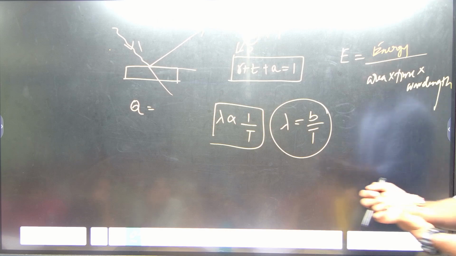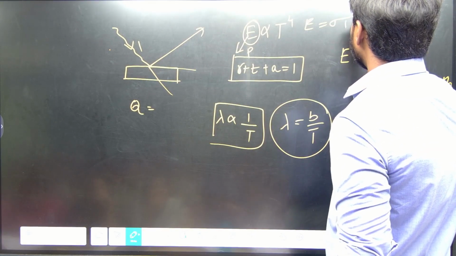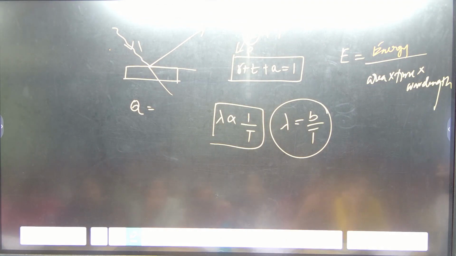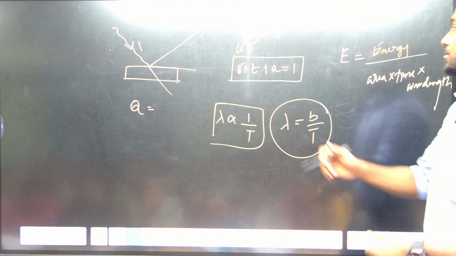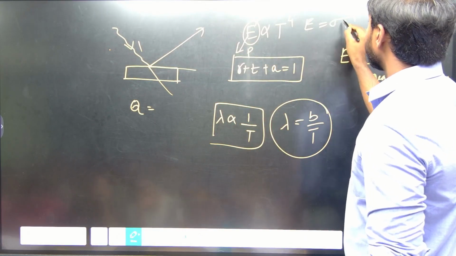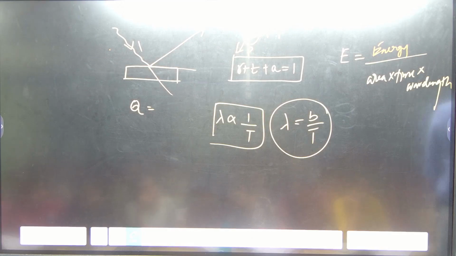To remove the proportionality, we add a constant called sigma. And this E is directly proportional to area also. So E equals sigma A into T power 4.